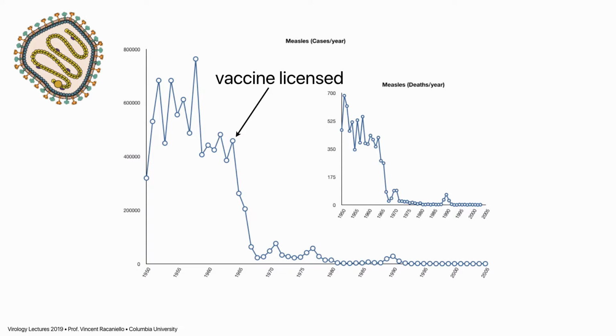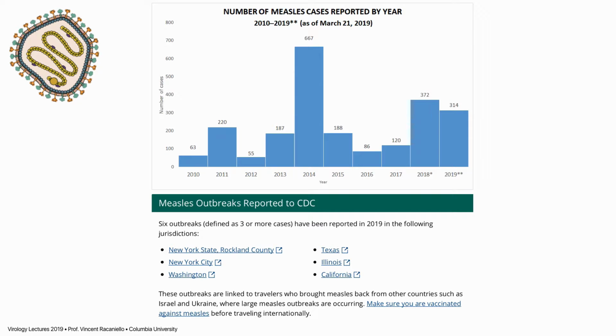So here are the cases of measles in the US, vaccine licensed in the early 60s, and you can see it really dropped the number of cases, but there are always blips because of failure to immunize in groups of people in the US, and then virus is imported from Europe and causes outbreaks. And we've also decreased the measles deaths per year as a consequence.